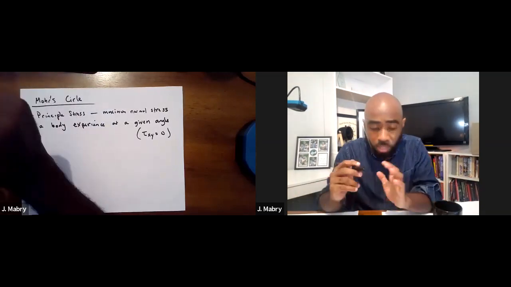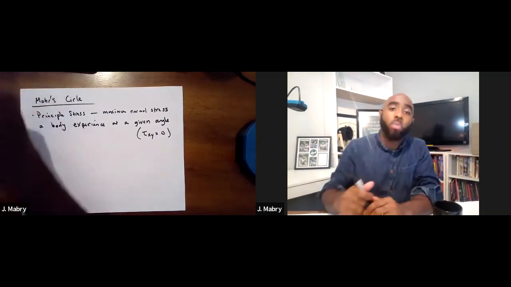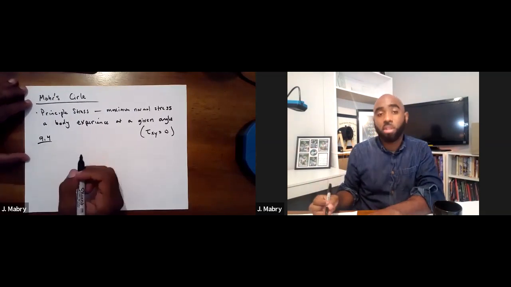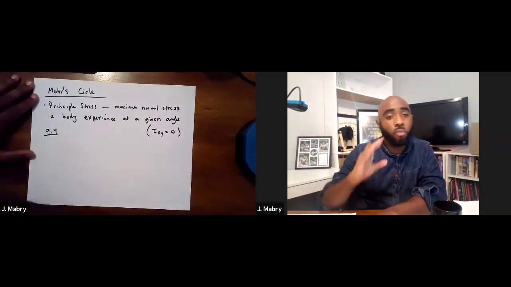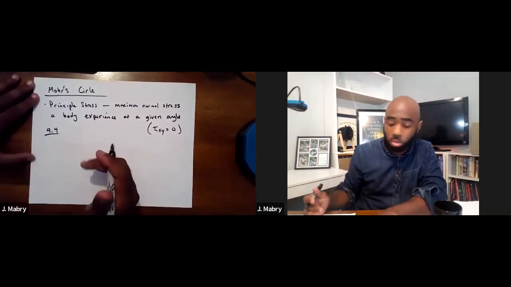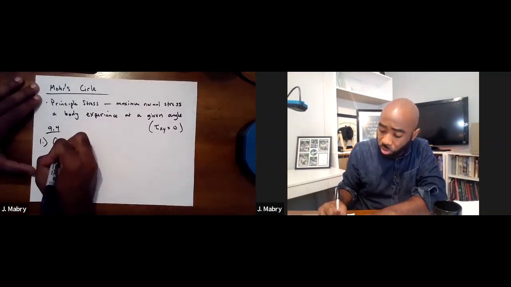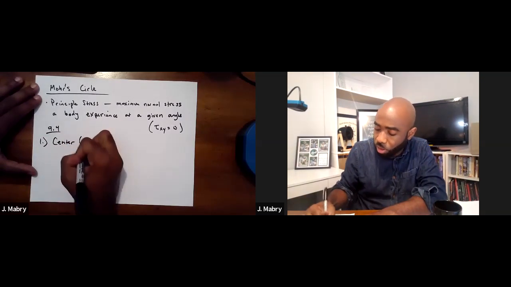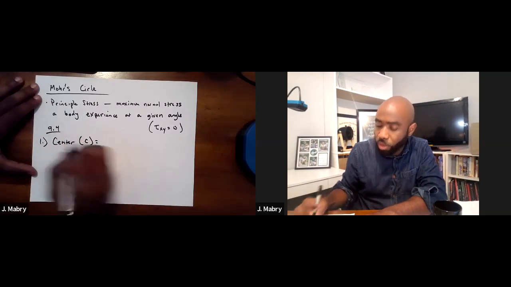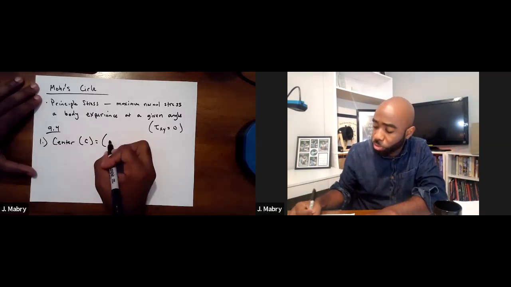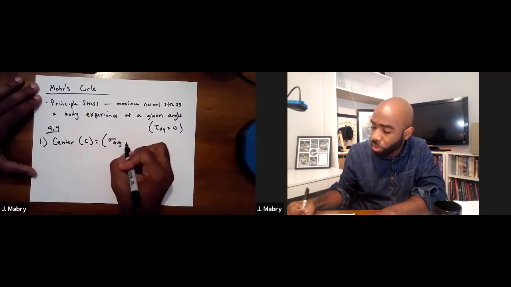So to get things going with the Mohr's circle, I believe it begins to talk about it in section 9.4. There are 4 things you need to know when you're drawing a Mohr's circle. Number 1, you need to know the center. We'll call that C. The center of Mohr's circle will always be equal to the average of the stresses and 0.